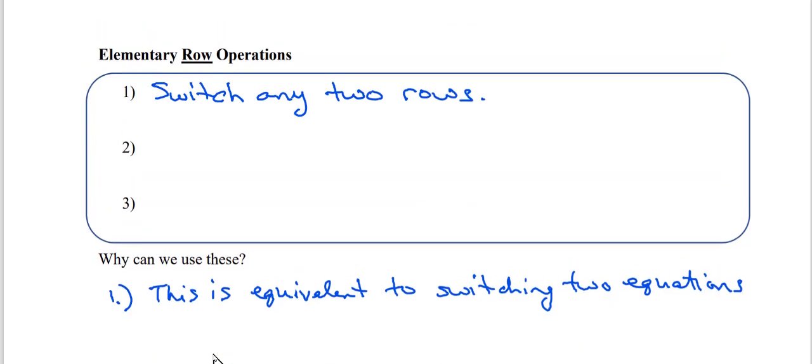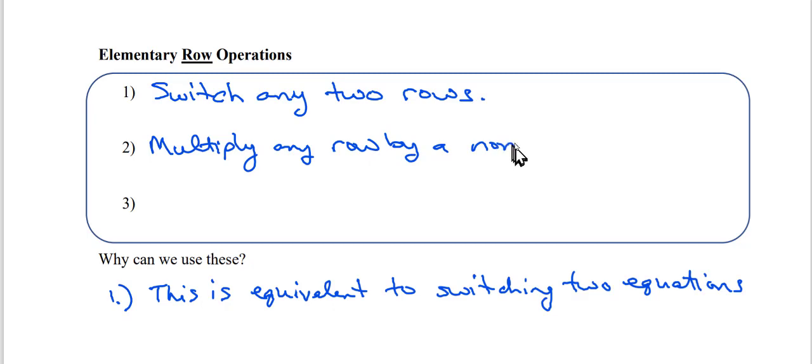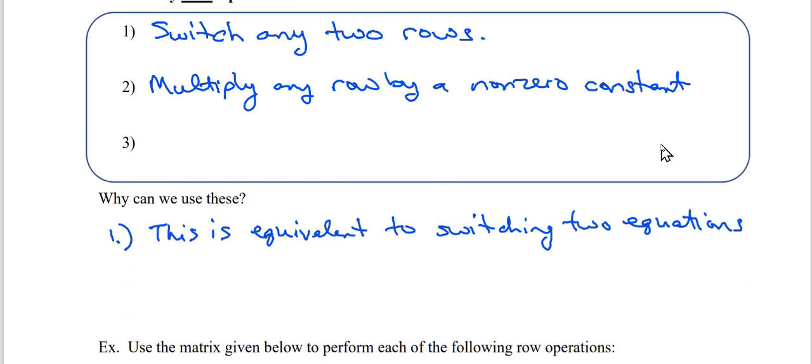The second row operation that we can do is to multiply any row by a non-zero constant. And technically you could multiply it by 0, but you don't want to, because then that eliminates the equation. You just get 0 equals 0.